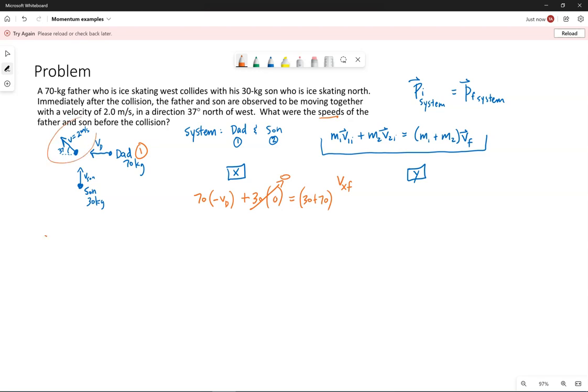So they've told us, I'm going to just draw this bigger, that together they are traveling at 2 meters per second at this angle of 37 degrees. Vx final is to the left, and if we know the hypotenuse there, the magnitude of the vector is 2 meters per second. When we multiply by cosine of 37, that gives us the x component finally. That's what I need to put right here.